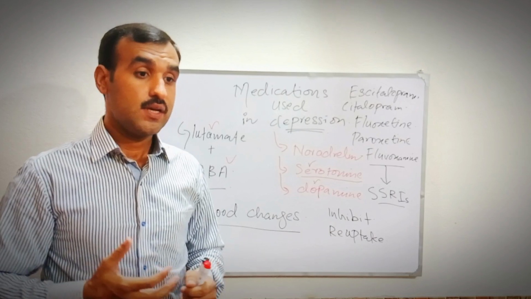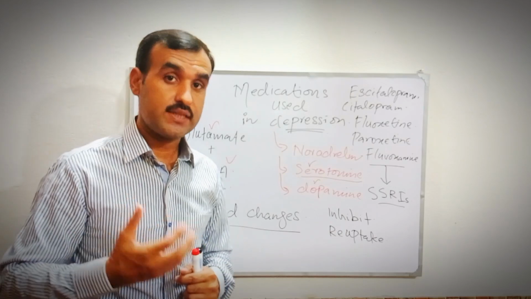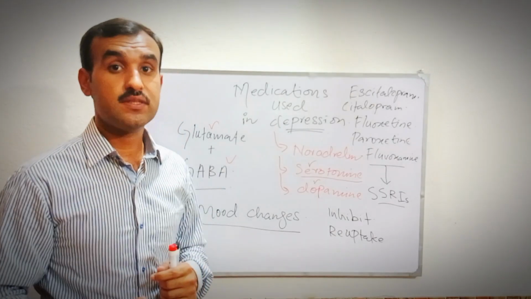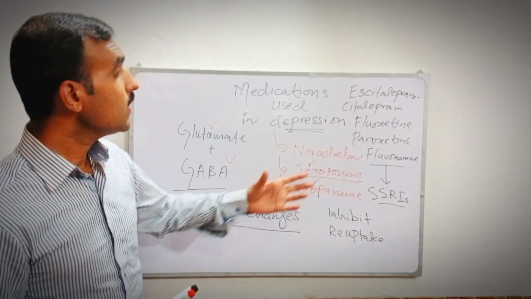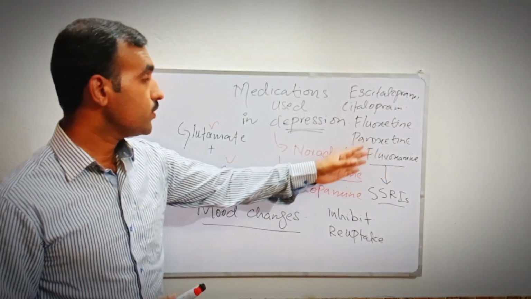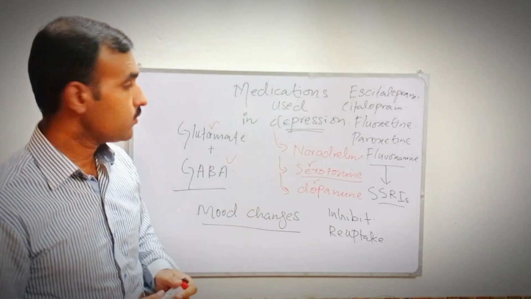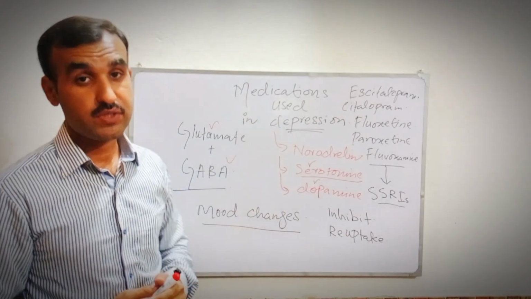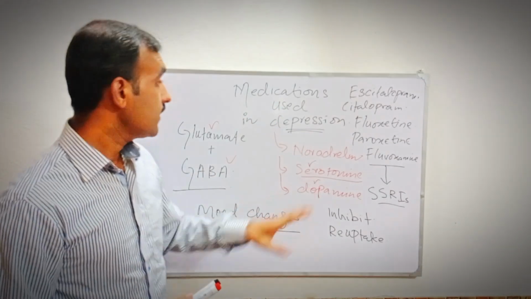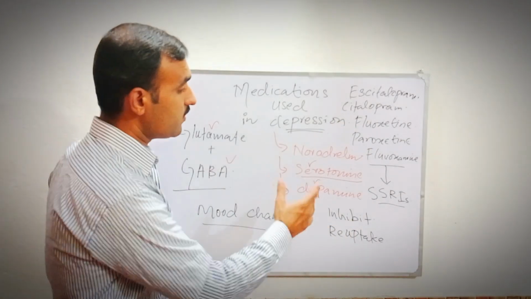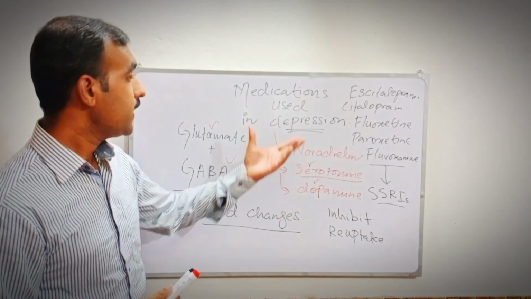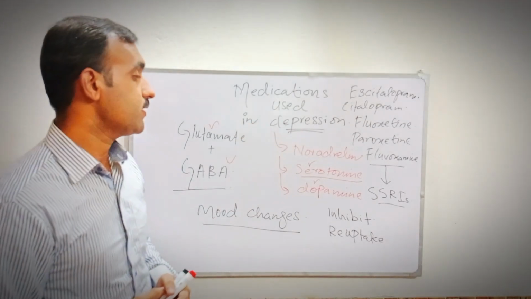Also, they will take interest in interacting with communities, friends and families, daily tasks, and many more. These are the medications used in depression, and this is the easiest and simplest mechanism of action of antidepressive medicines.